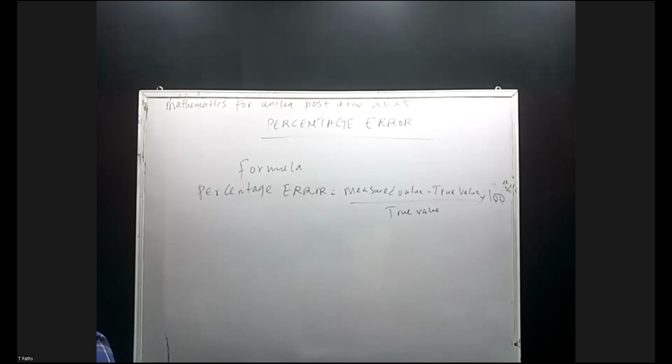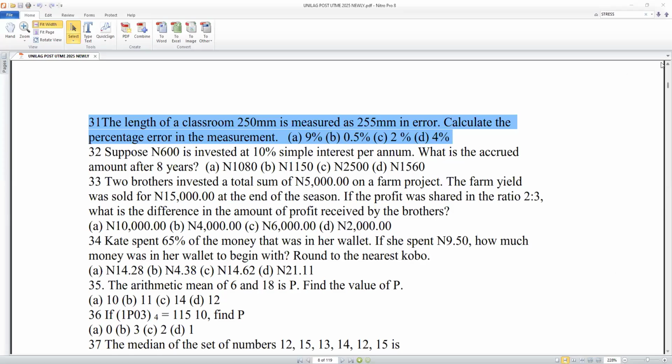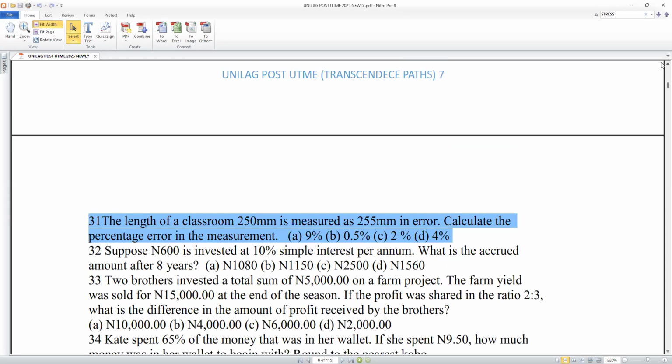Now let's display number 1 question. Look at the question. Which one is the measured value? 255 meters.